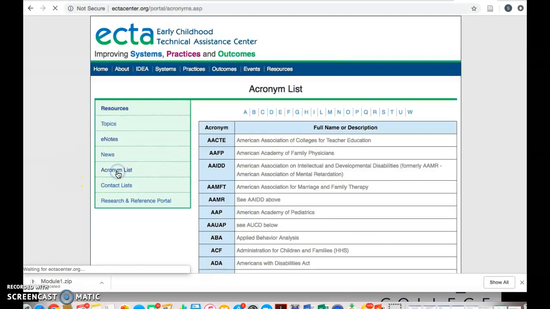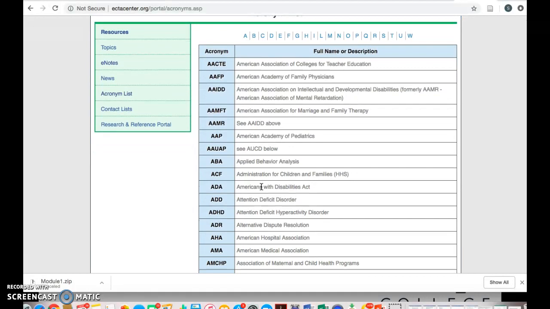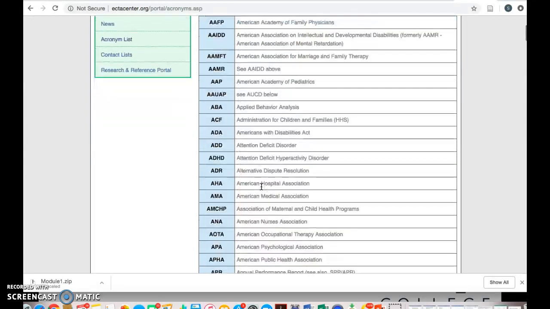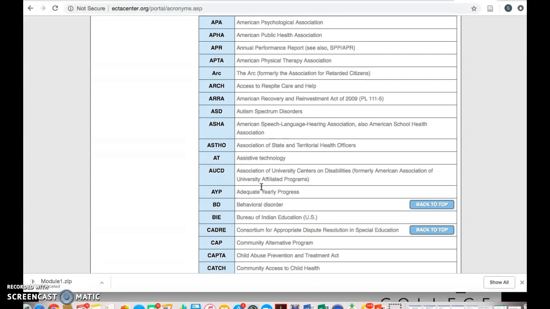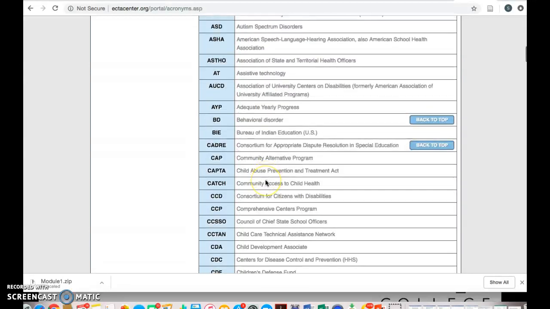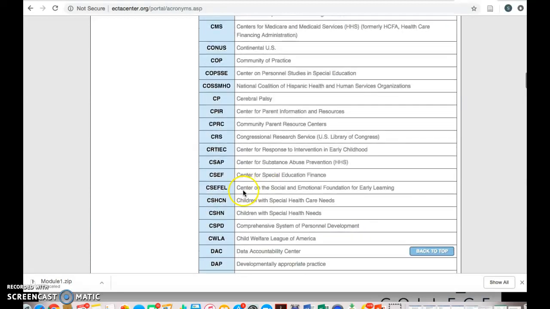Another fun thing I wanted to show you is their acronym list. Education in general, especially early childhood and special ed, have so many acronyms. And here is an alphabetical list, all of them that you might come across. Everything from ADHD to, one that we're going to visit next that we've talked about, CSEFL, Center on Social and Emotional Foundation for Early Learning.